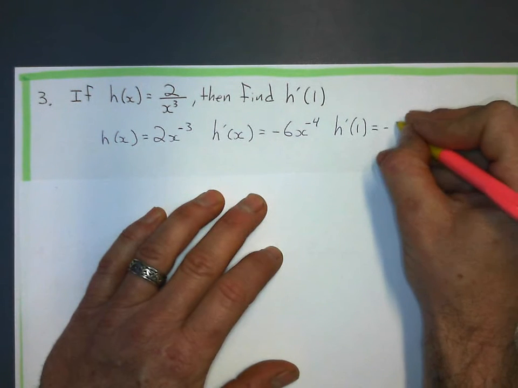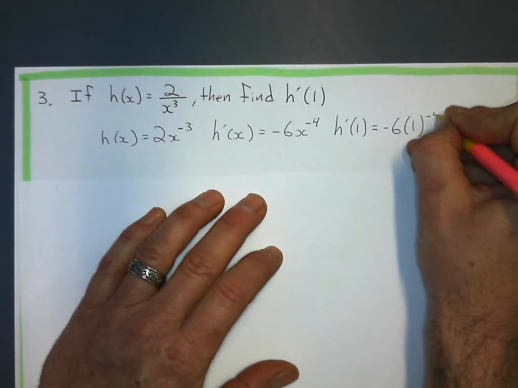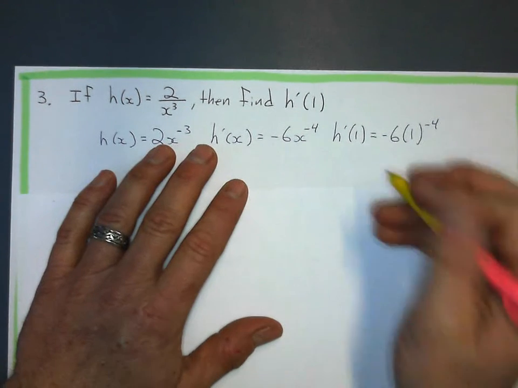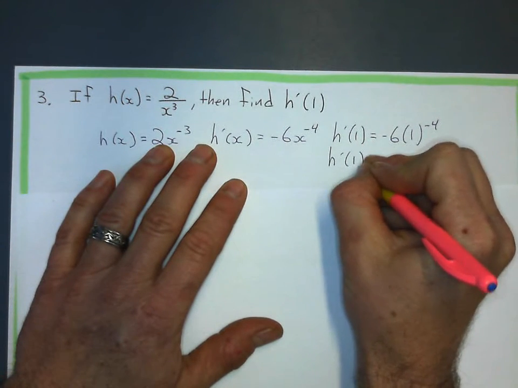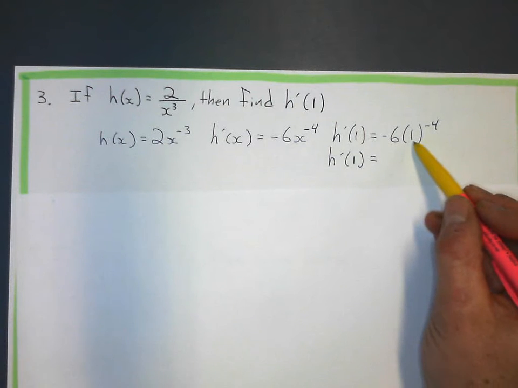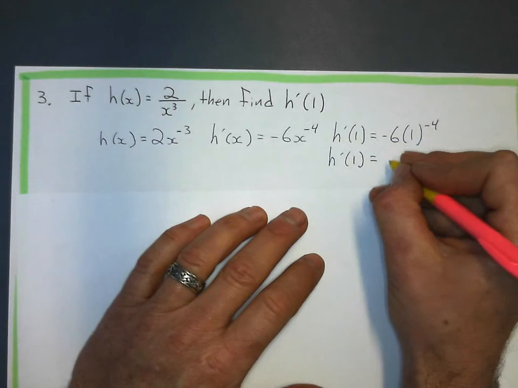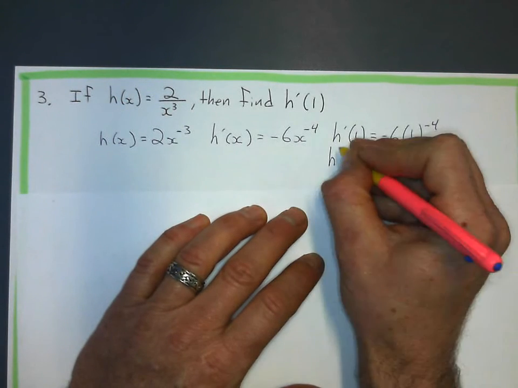Positive 1 is always an easy substitution. You'd probably do this part on the calculator, but 1 to the negative 4 gives you 1, and 1 times negative 6 gives you negative 6.